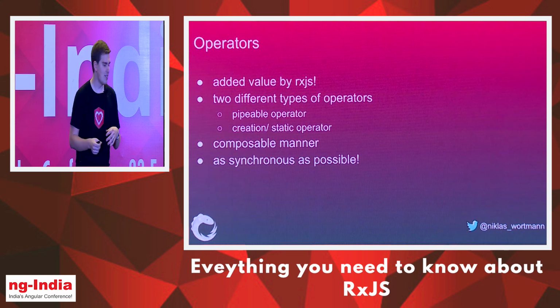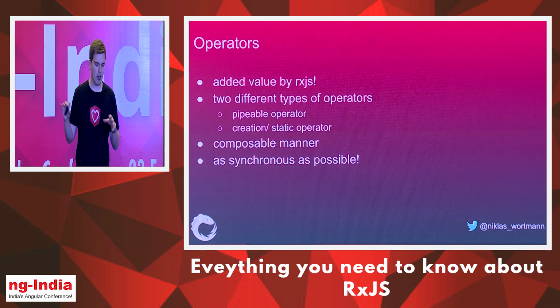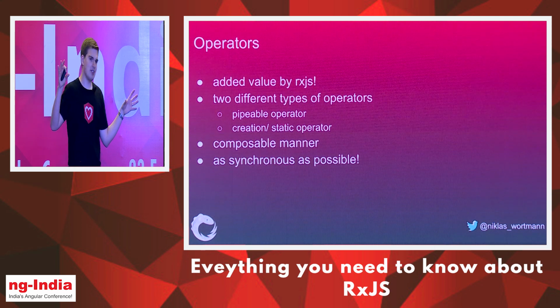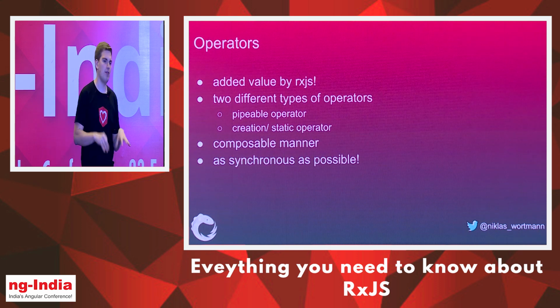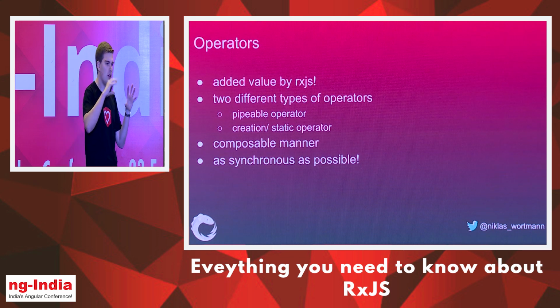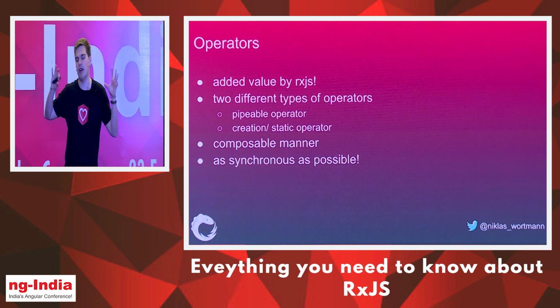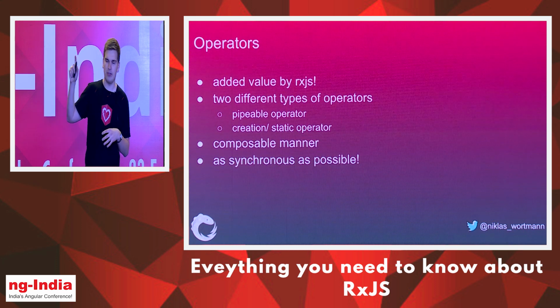Great. So now that we have talked about the basic terms, let's come to the operators. Operators are the most powerful thing or the added value of RxJS, because this allows you to manipulate and do all the amazing asynchronous stuff with RxJS you would like to do. In general, there are two different types of operators.